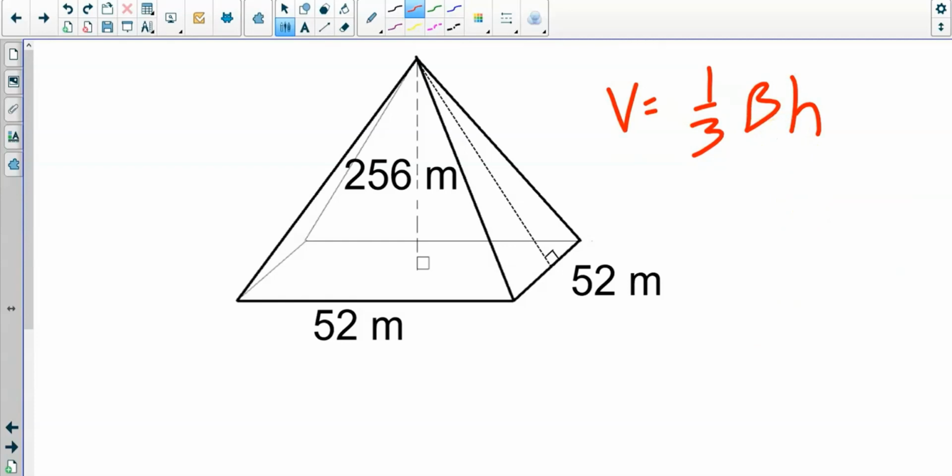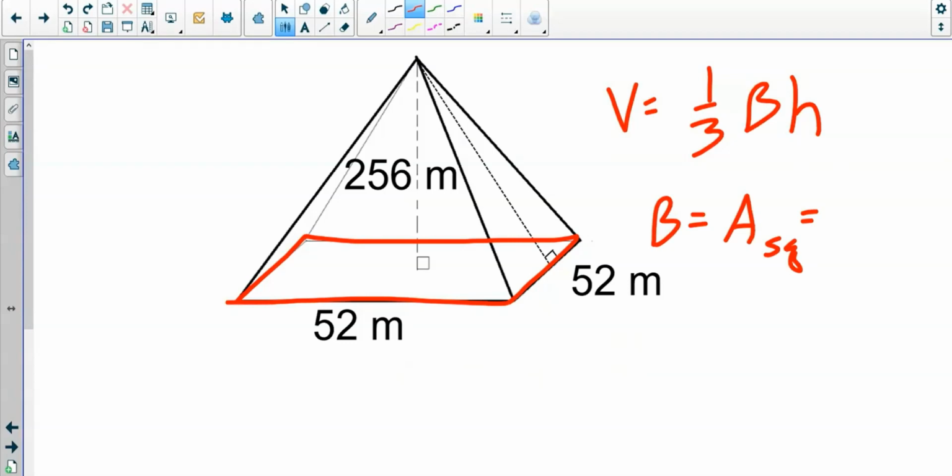What is the base of our figure? It's this guy, and it is 52 by 52. So that means the base area is all about the area of a square because it's the same. So find big B, figure out up here what your H is, which I hope you can figure out because I only gave you one number.